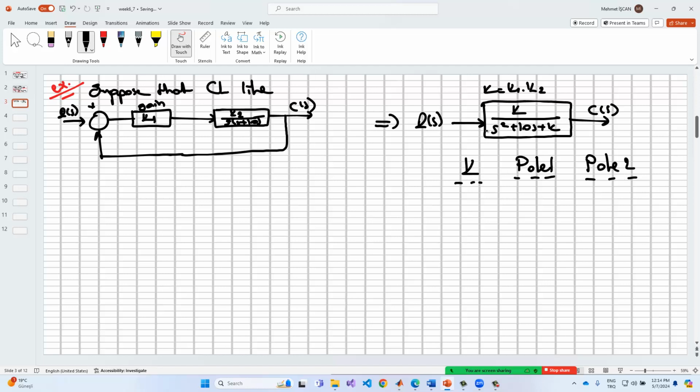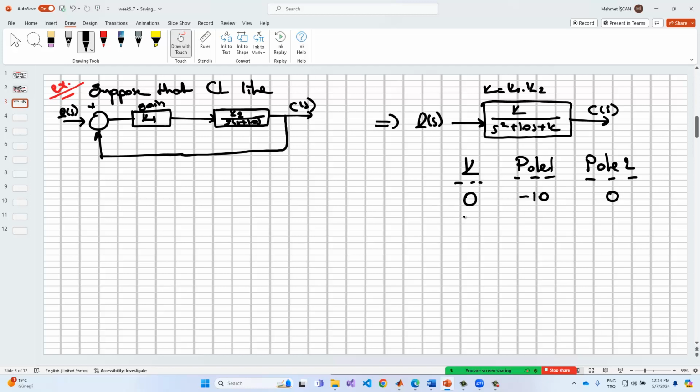For example, if we have s cubed in here, we have the what? We will have 3 poles, pole 1, pole 2 and pole 3. Okay, and so firstly, if we choose K is 0, then we have the poles in here minus 10 and 0, because this is 0, s times s plus 10, and so pole 1 is minus 10 and 0.